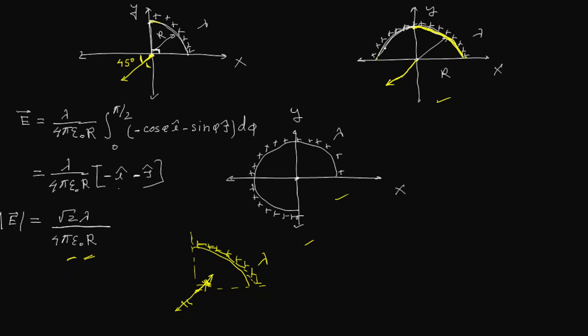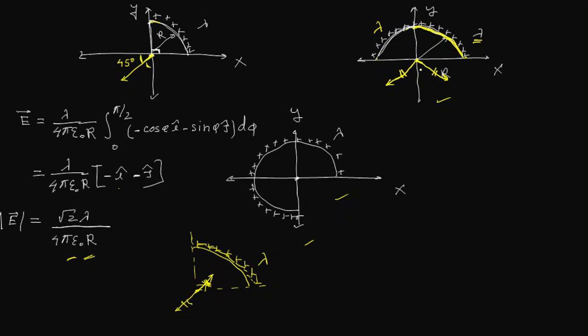And similarly for this part, the electric field will be along this direction. If the charge density is lambda in both regions, then the magnitudes of the electric fields for the two parts at the center will be the same.